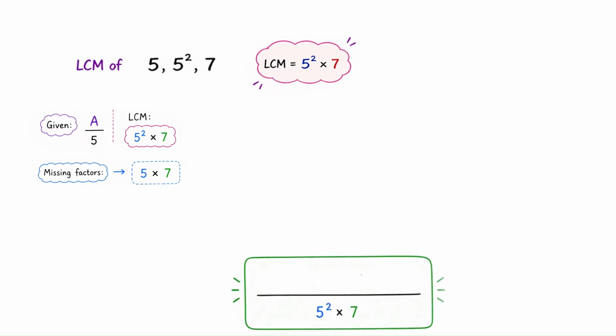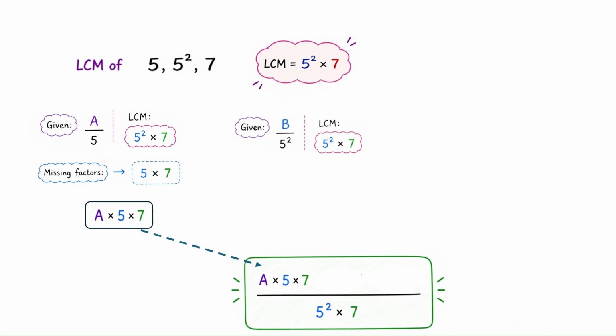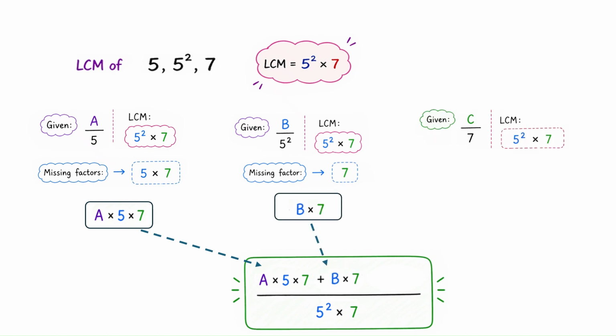So numerator becomes a into 5 into 7. Take the second fraction, b divided by 5 square. Only 7 is missing. So numerator becomes b into 7. Take the third fraction, c divided by 7. 5 square is missing. So numerator becomes c into 5 square.